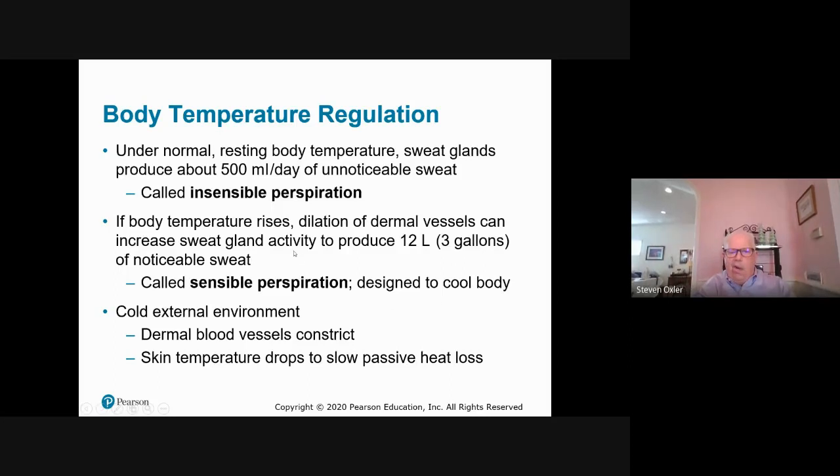When the vessels dilate, you lose more fluid. In a cold environment, the vessels constrict. And your skin temperature drops. So you can conserve heat. That's very important to understand.